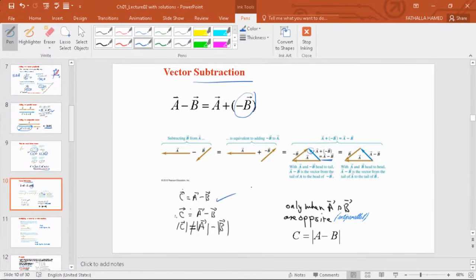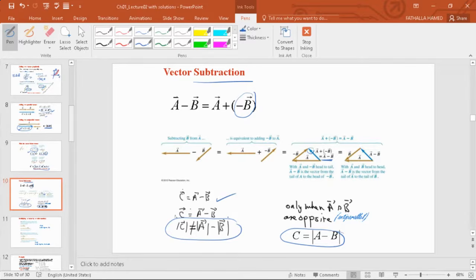So here C is equal to A minus B. And here the magnitude of C is not going to equal the magnitude of A minus the magnitude of B. This can happen only when the vectors are anti-parallel to each other, as we've seen in the previous slides. But in general, this is not going to be right when we talk about the magnitude of vector C.